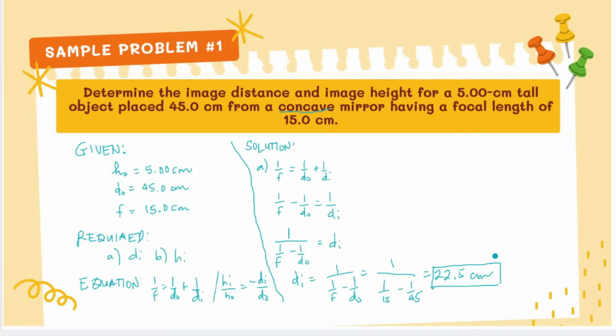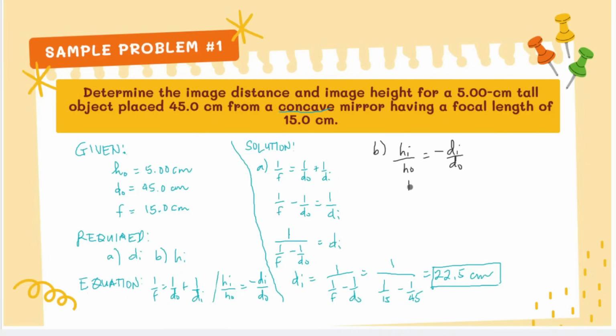Okay, so for part B, we are asked for the image height, which we can easily solve because we have now DI, we also have DO, and we also have HO. So HI over HO is equal to negative DI over DO.